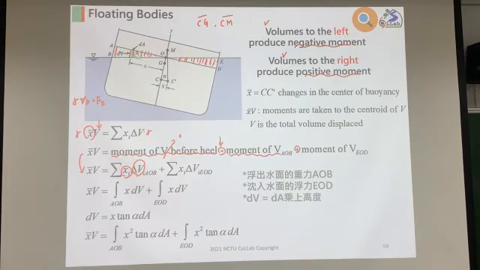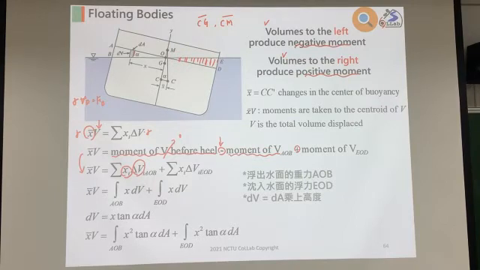Okay, but why does the minus disappear here? Because if the volume is going up like this area, what is the force we have? If the volume is immersed in the liquid, we have the buoyancy force.